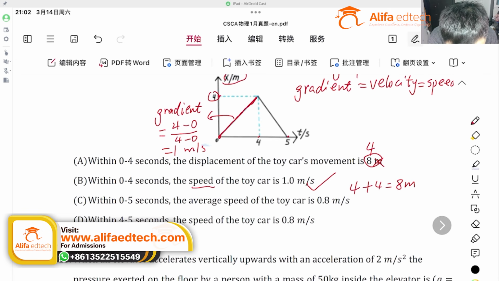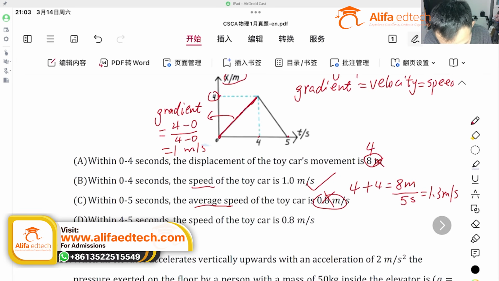The average speed is total distance divided by time, 5 seconds. So it is 1.6. So the answer C is not correct.